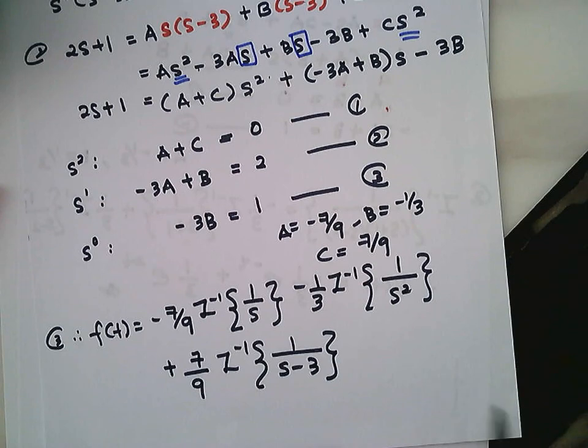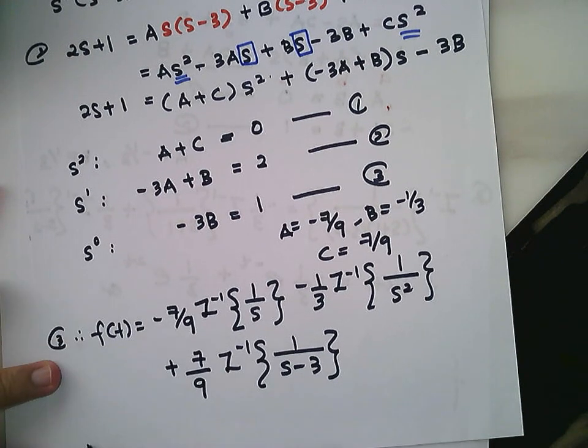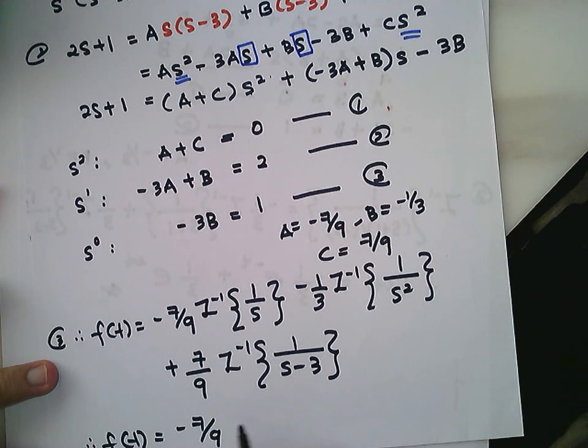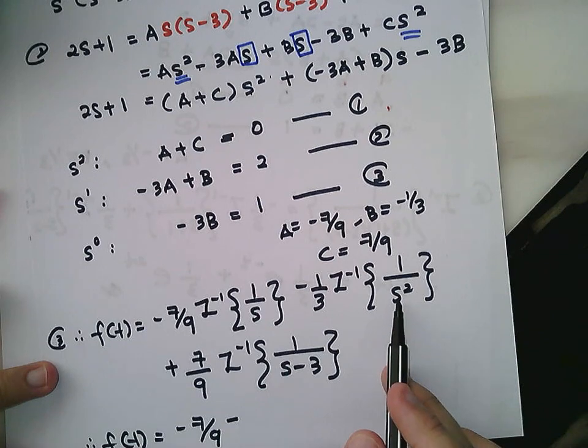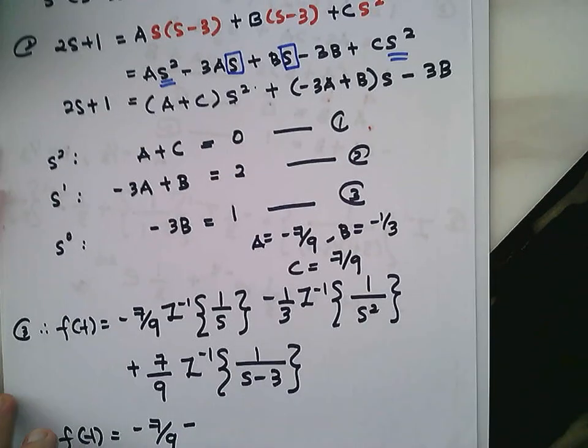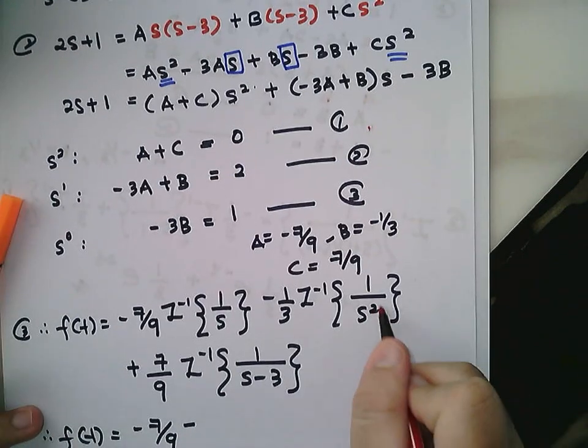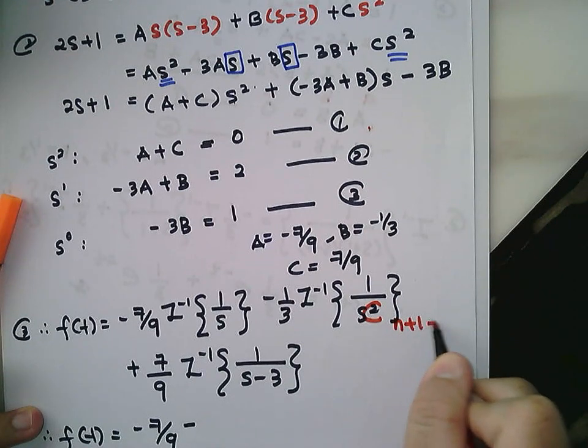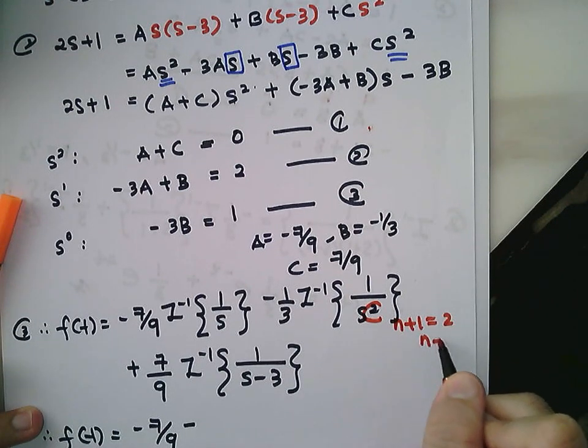As you can see, these you can get directly from the table. The inverse of 1 over s is equal to 1. Therefore your f(t) is equal to negative 7 over 9 minus, this one will be t. Why? Because you have n plus 1, n plus 1 is equal to 2 and your n is equal to 1.